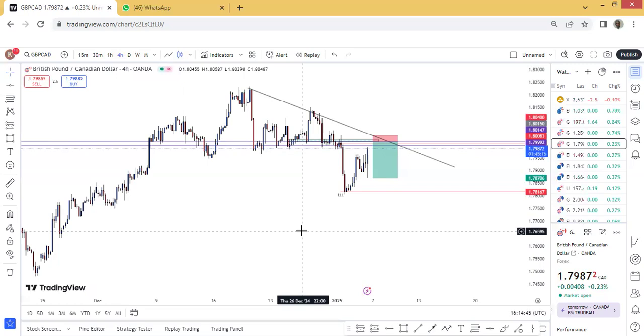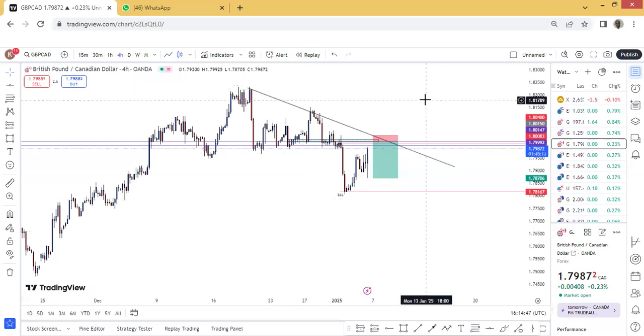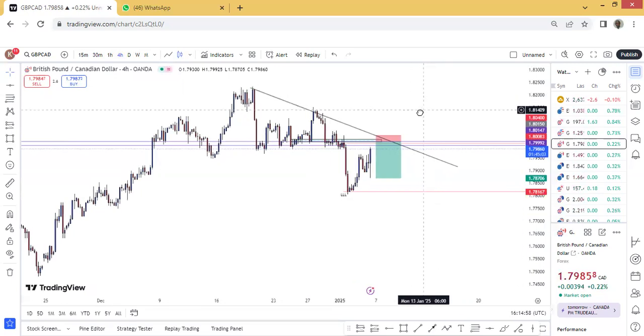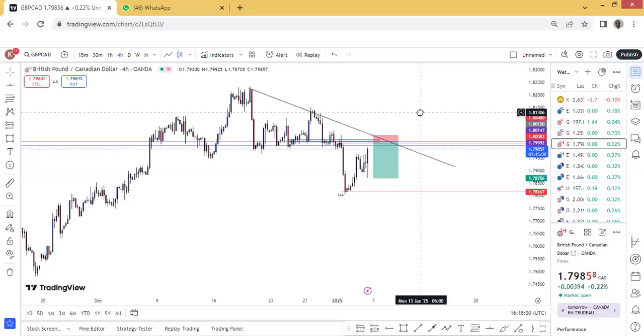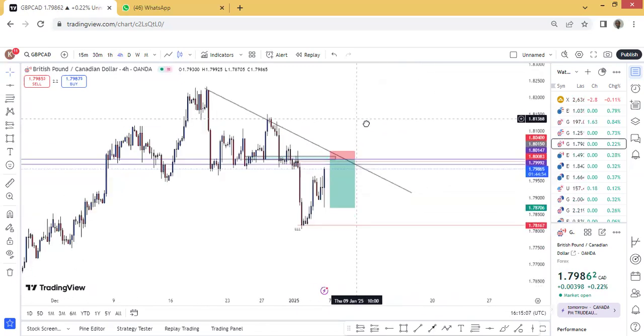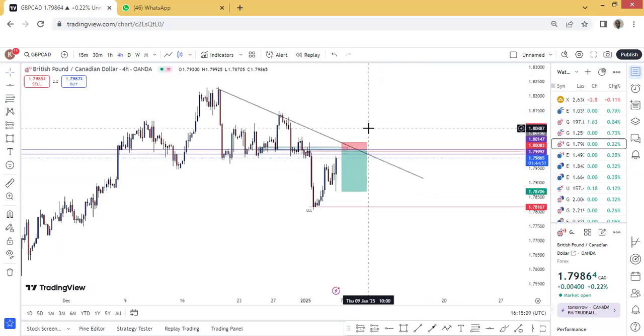Okay, so you mostly trade the London session? I do the London session and the New York session. So I avoid the Asian session because most often they consolidate.